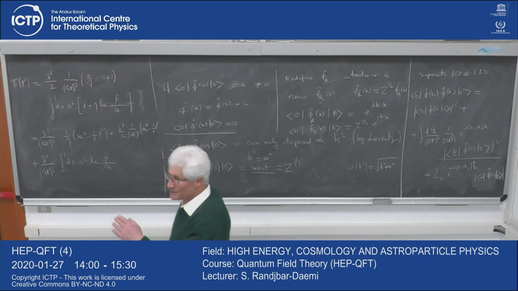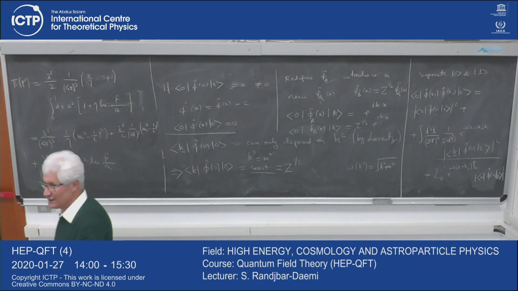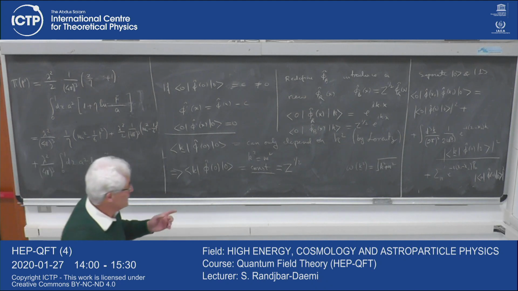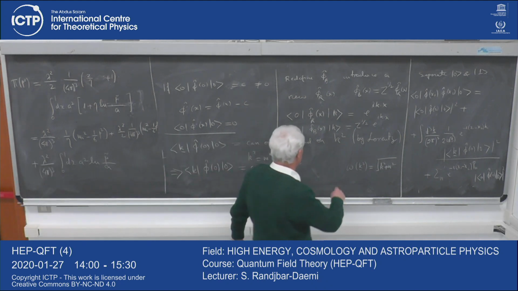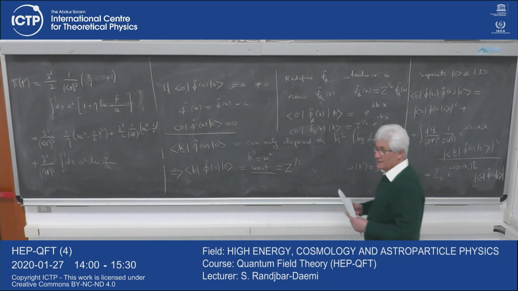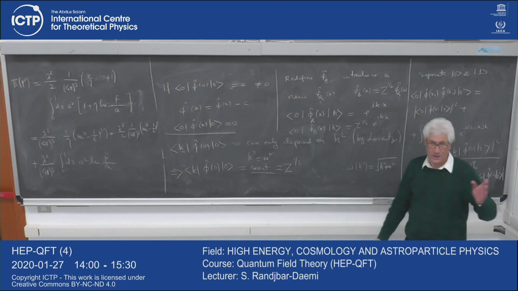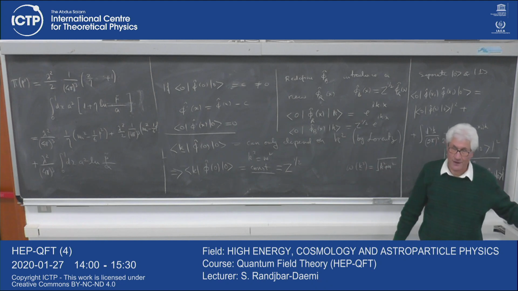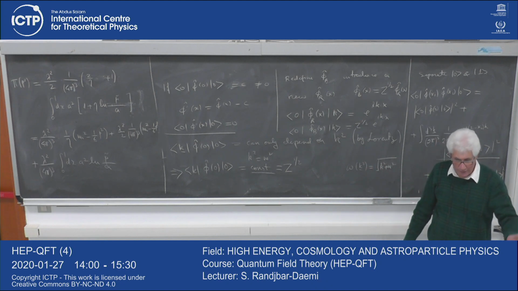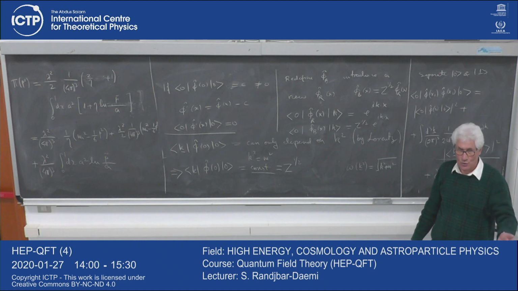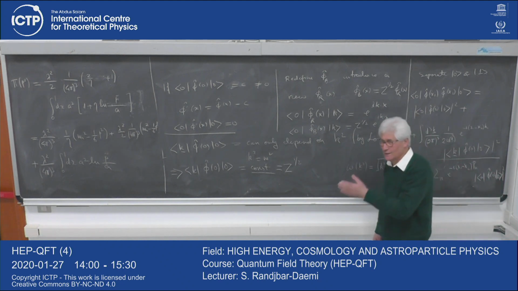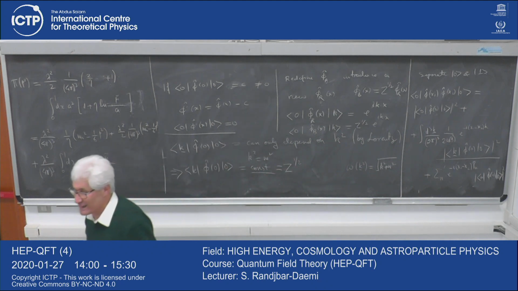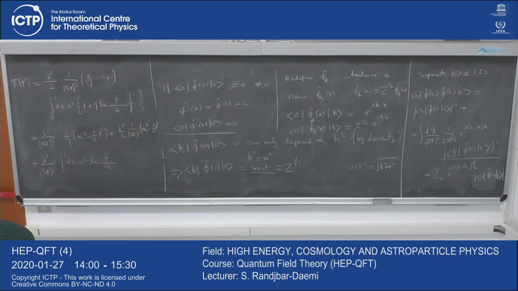It will change the coefficients of m squared, the constant part, and also the phi cube term. The field will also be renormalized by multiplying by z, and this renormalization will change the coefficient of every term in the Lagrangian, because every term has a phi in it, including the quadratic term. So the phi squared term, phi cube term, phi term, everything will have a z in it after we have made this rescaling. Okay?